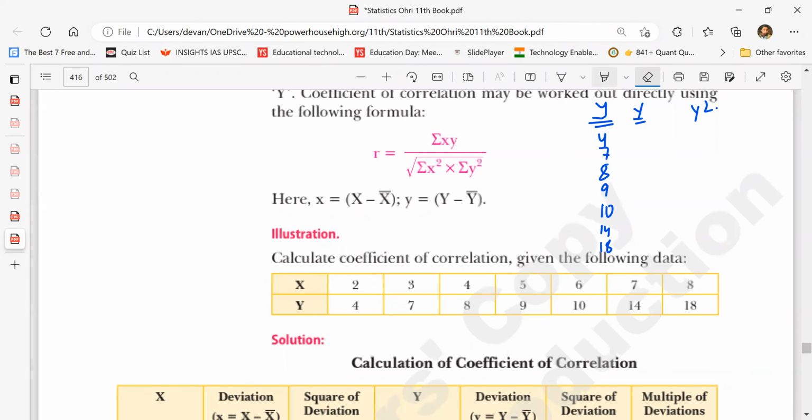Do capital Y, then small y. First find the average of this, then subtract each: 4 minus that average value, y bar value. 7 minus y bar, 8 minus y bar. Do it.